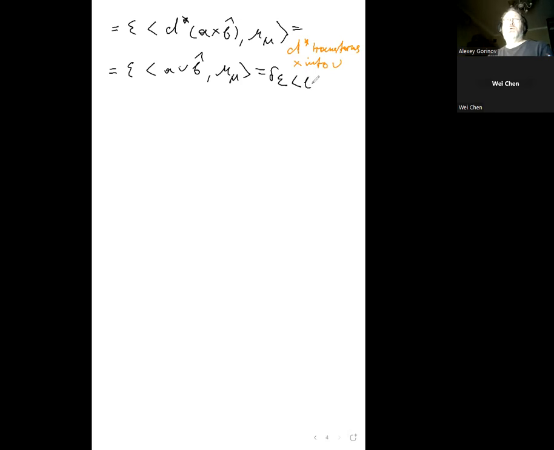Namely, we can write B roof A instead of A B roof, but then we get an extra sign, -1 to the degree of B roof times the degree of A. Okay, now we arrive at this formula.